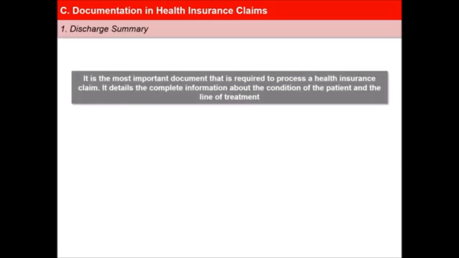It is the most important document that is required to process a health insurance claim. It details the complete information about the condition of the patient and the line of treatment.